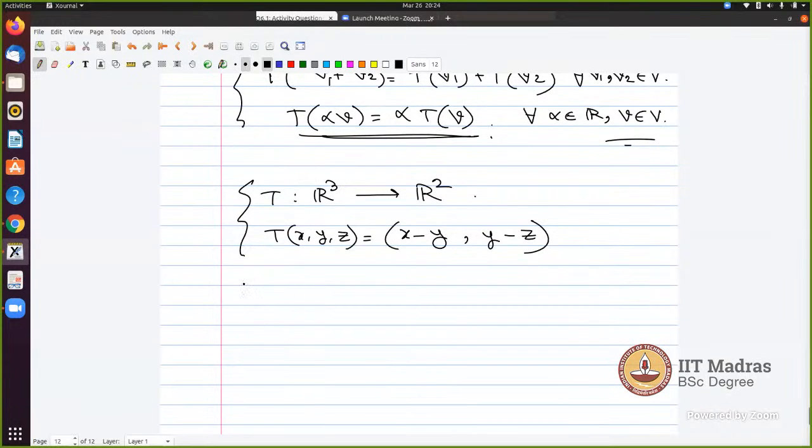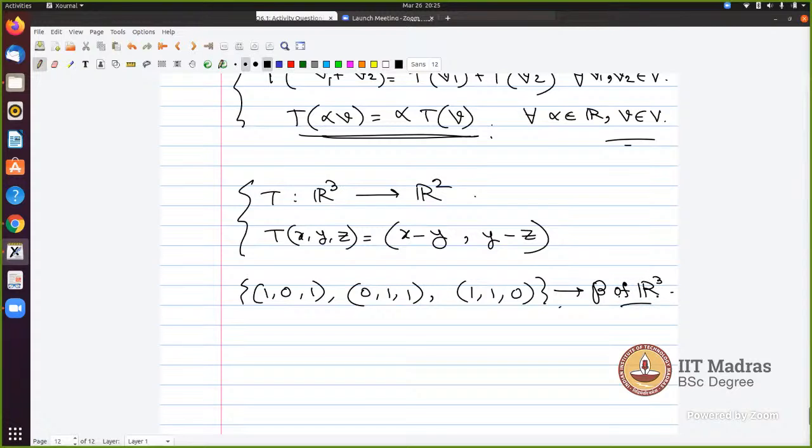Now I have a basis for R3. Suppose I am taking this as my basis in R3, and on the right side I am taking the standard ordered basis for R2.